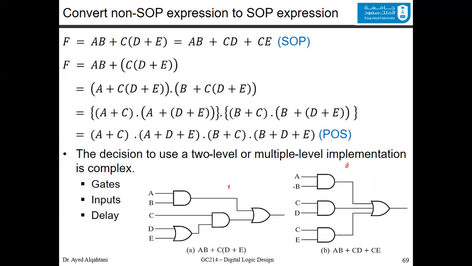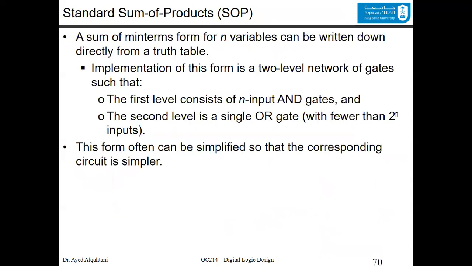But as a cost, you have here 2-input AND, 2-input AND, and 2-input AND. Here you have only 2 ANDs with 2 inputs. You have a single OR, but it's 3-input here. You have here 2 ORs, and each one of them is 2 inputs. So there are multiple factors in choosing which design you should adopt.